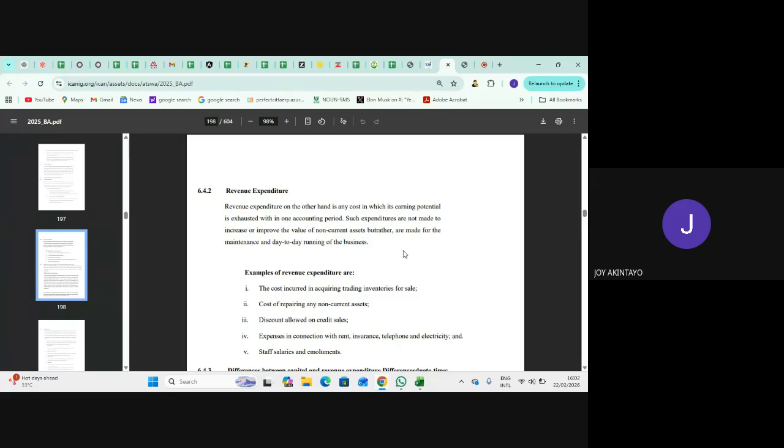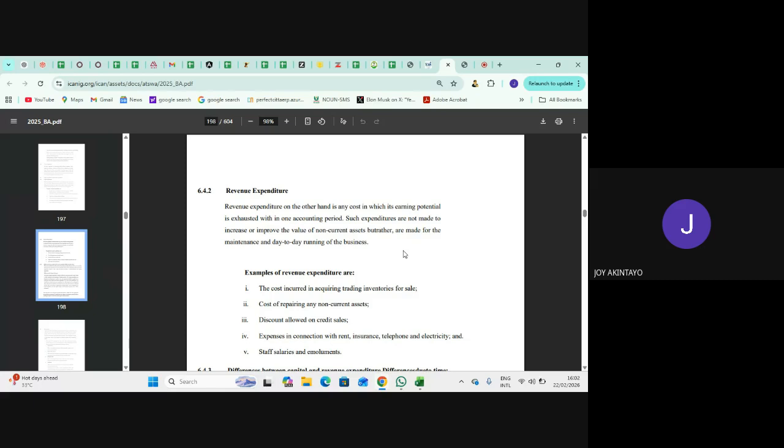Number one, the cost incurred in acquiring the inventories for sale. That is the cost we actually incur for us to bring such items. Then another one is the cost of repairing any non-current asset.